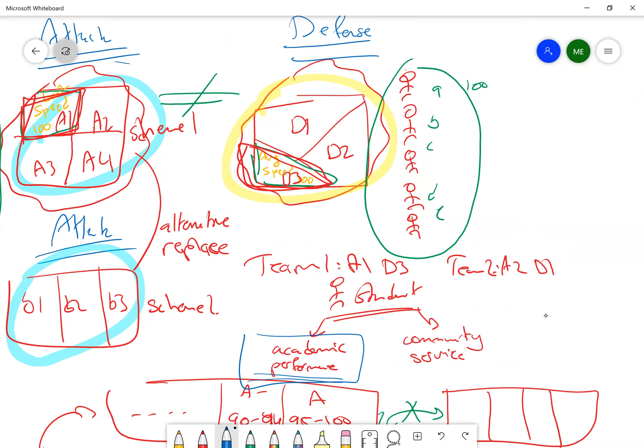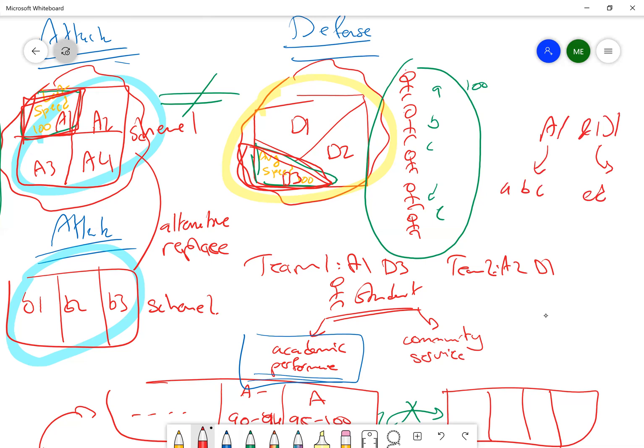The actual test case, although we say A1 combined with D1, has A1 represented by a number of variables, and D1 is also represented by a number of variables. They could have been the same variables because they're the same players, or they could have been different variables. It's fine.